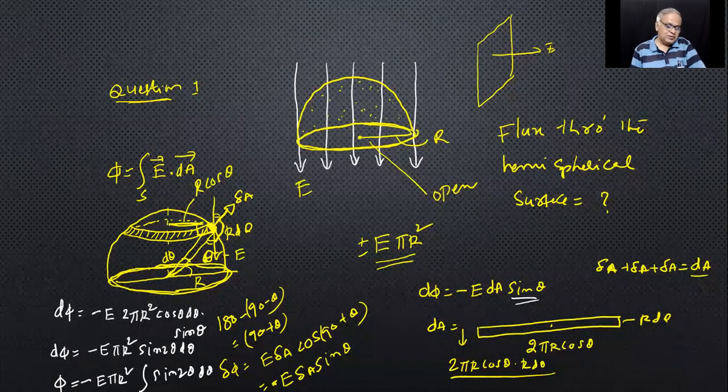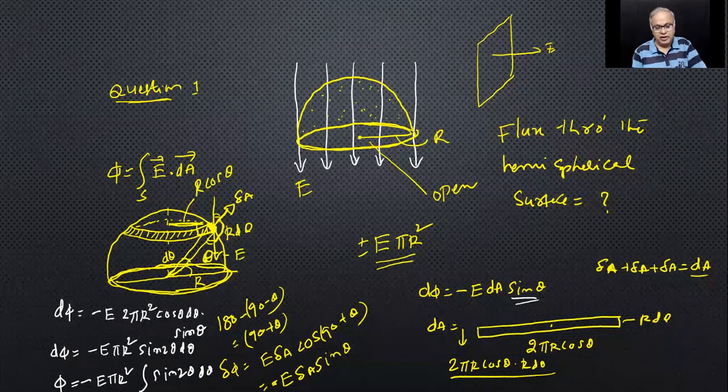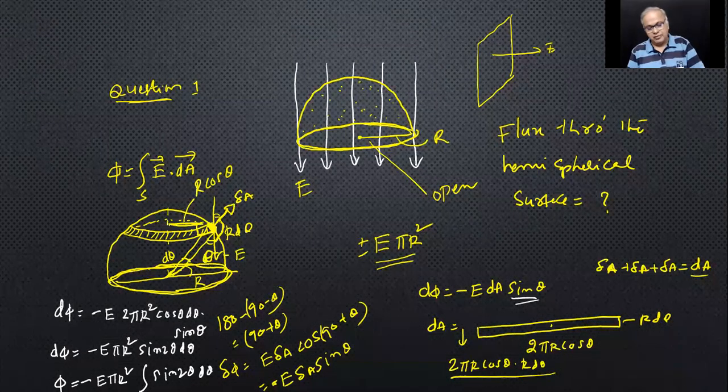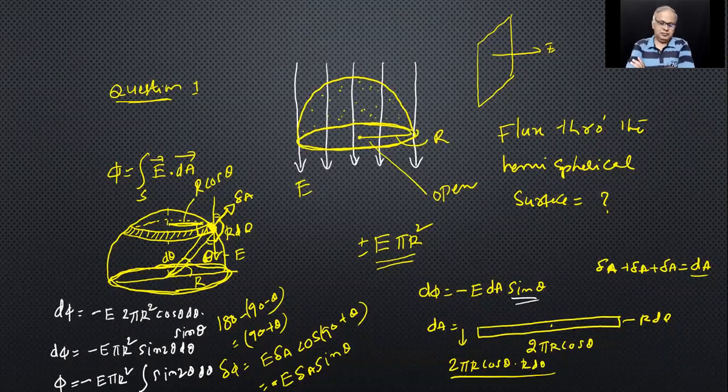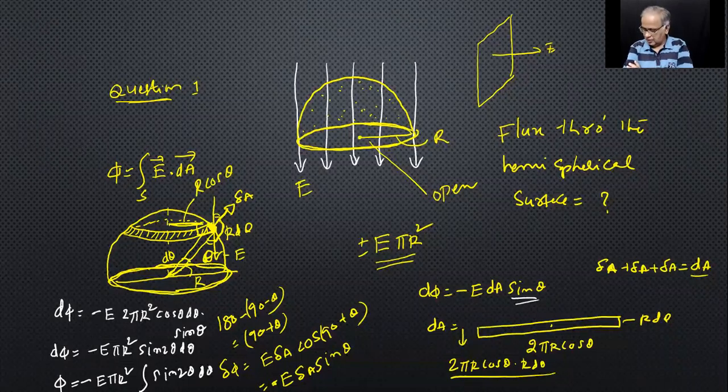How does the variable change now? What are the limits? How do I get the full ring? Sir, 0 to pi. Or 0 to pi by 2? You tell me.